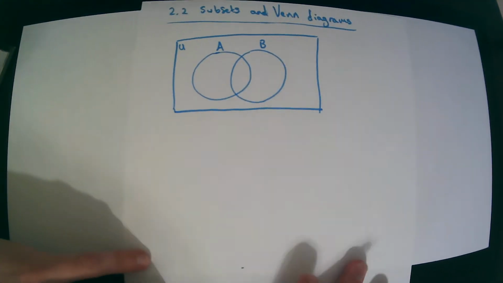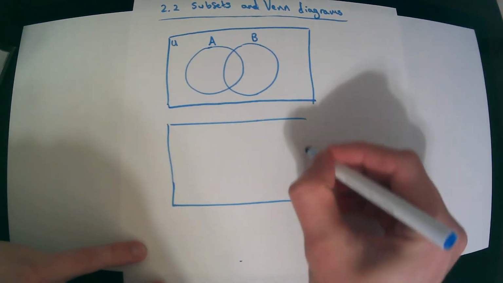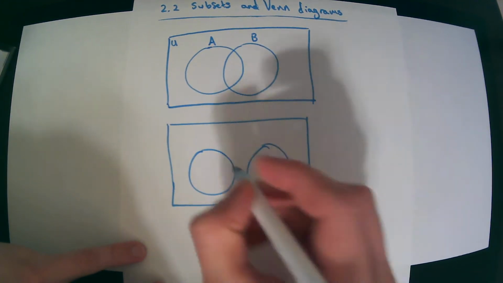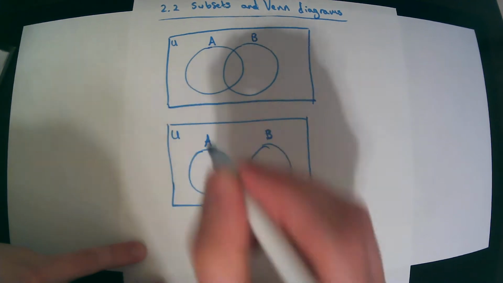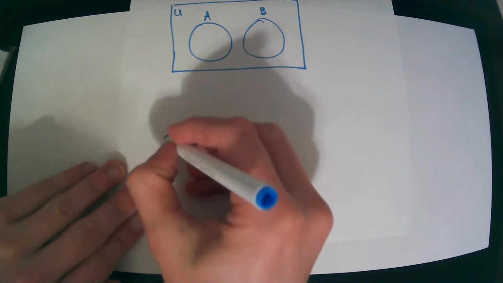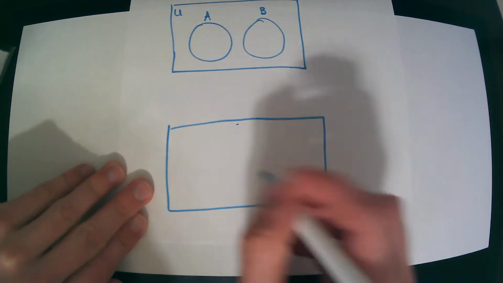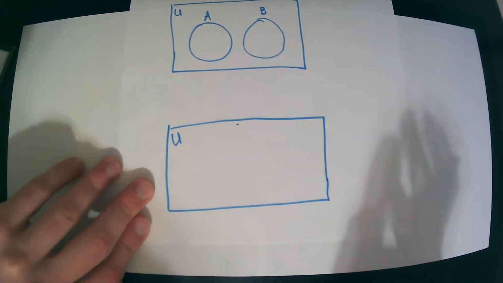And we're not just going to see pictures like this. We're going to see distinct sets where there's no overlap. And we're going to see sets maybe where there's complete overlap, and that's where we're going to get into the discussion about subsets.